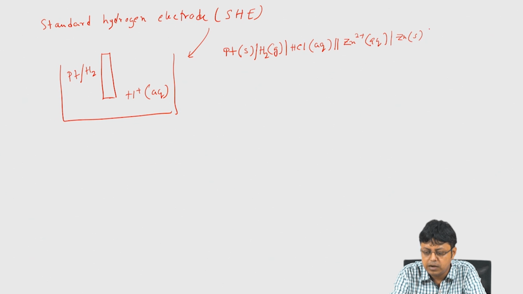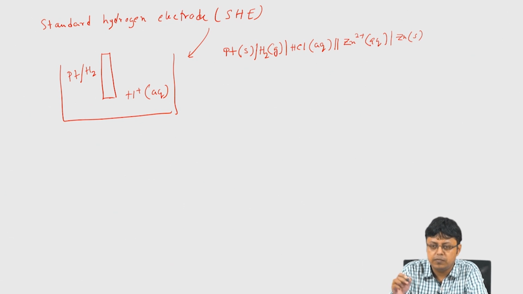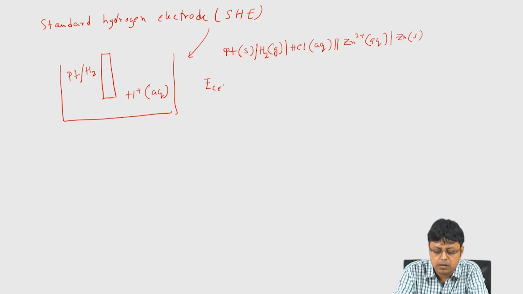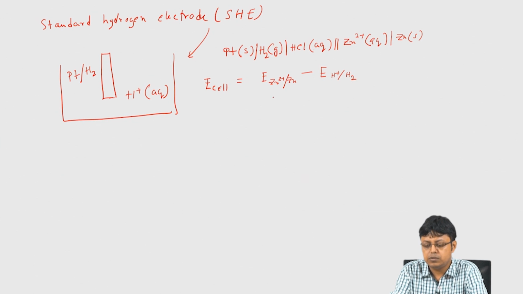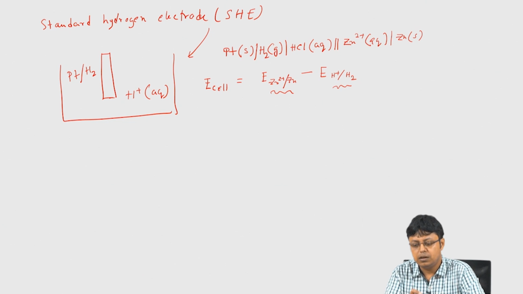Now, if we write the electromotive force for this cell, it will be E of this cell, which is zinc 2 plus going into zinc, minus E of the left cell, which is H plus going into H 2. Every time you see, the notation that I am using is only the reduction form.